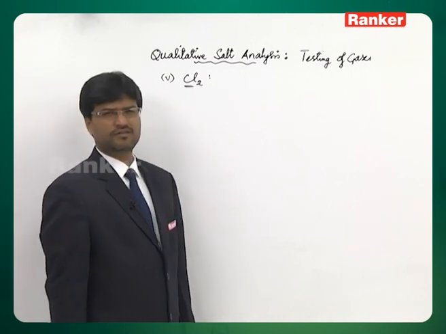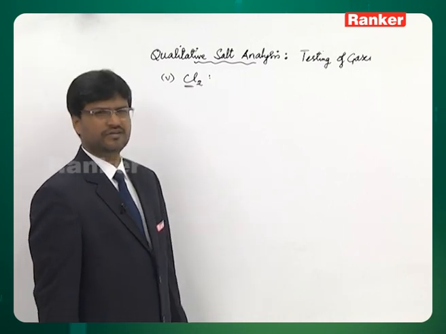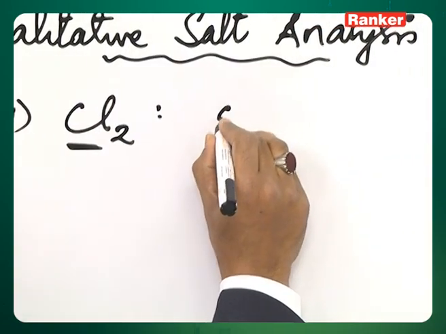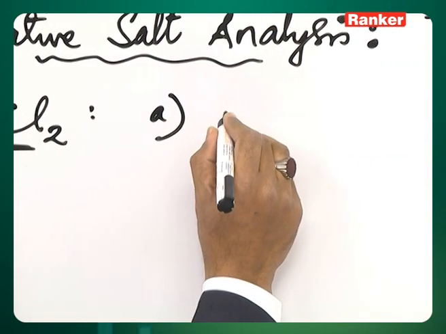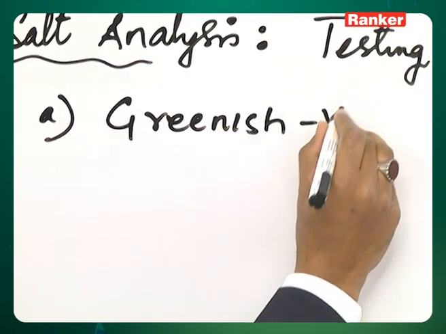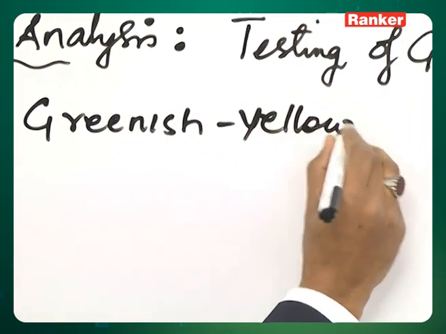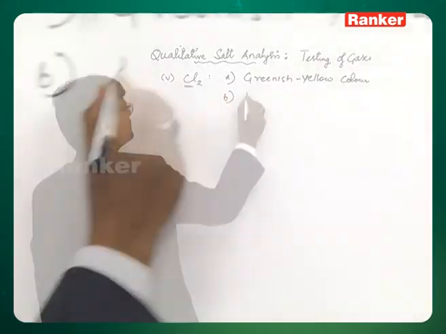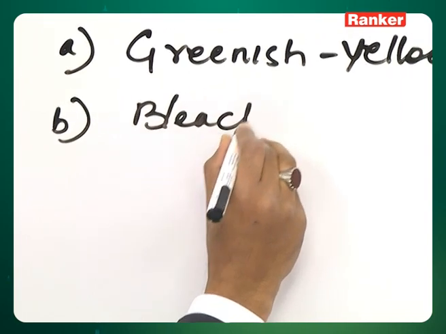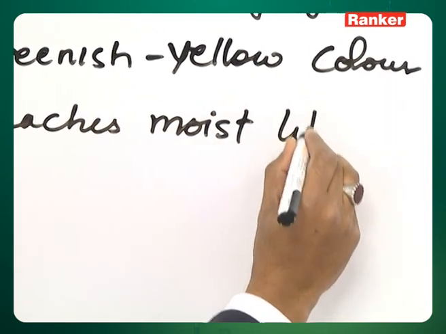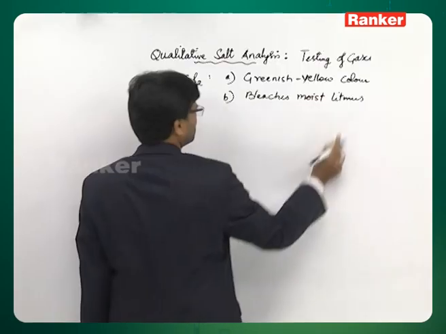Number 5 is chlorine. Let's see how chlorine is tested. A, it's a greenish yellow gas. B, it bleaches moist litmus.